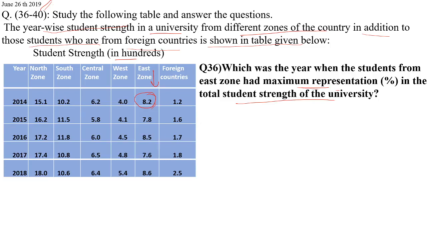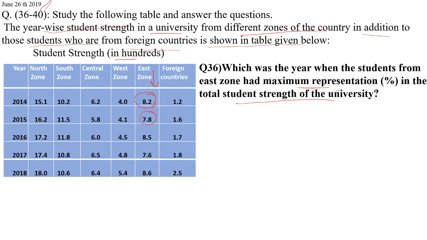Then 2015, 7.8 out of the whole 2015 value, correct? Because we have to find out how many East Zone students are being represented, had the maximum representation.